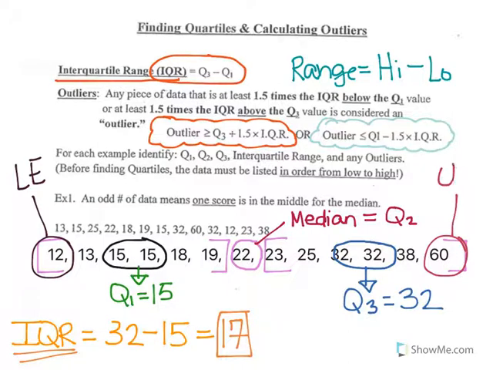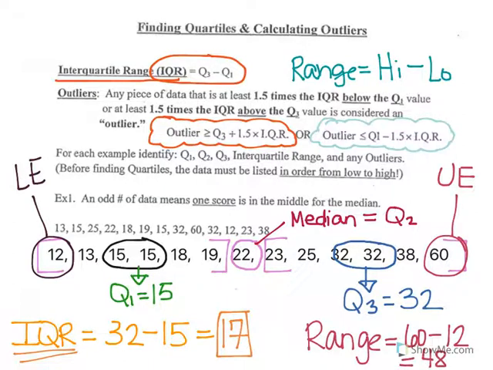So that's going to be 60, and we can label that UE for upper extreme. Now the normal range is always going to be the highest number minus the lowest number. So the upper extreme, 60, minus the lower extreme, 12. And so our range is going to be 48.